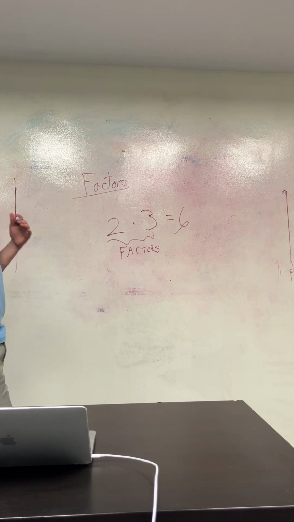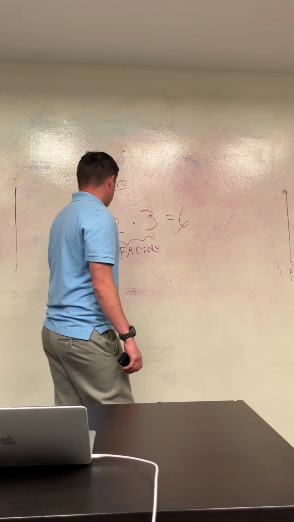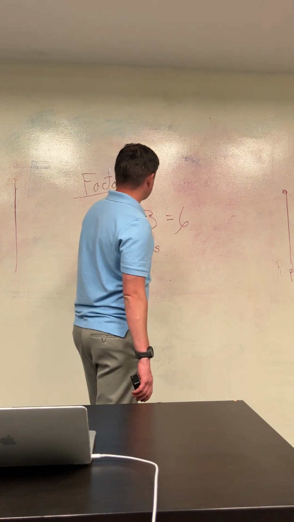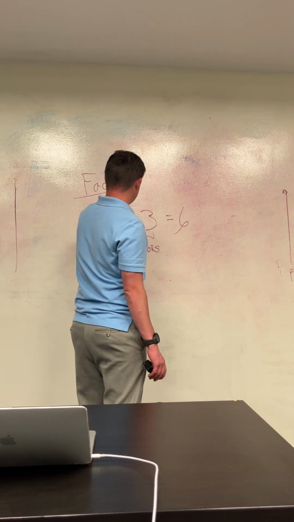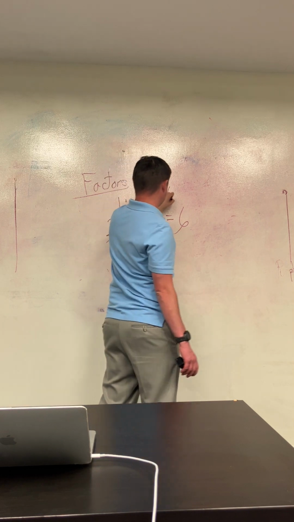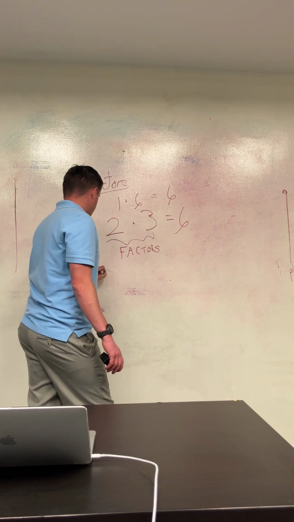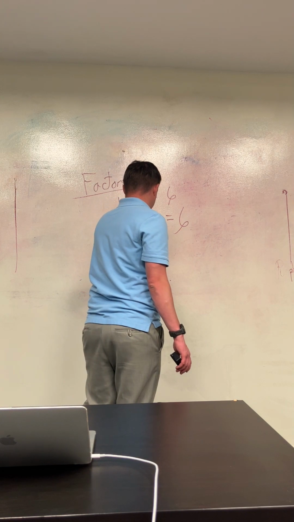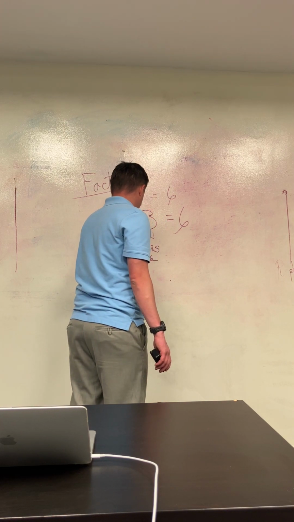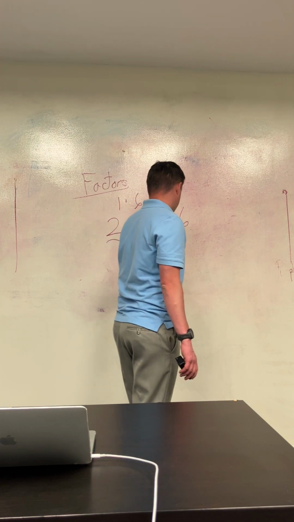To find all the factors of a number, you have to find every number that multiplies to it. For 6, the factors are 2 times 3, but also 1 times 6 equals 6. So the factors of 6 are 1, 2, 3, and 6.